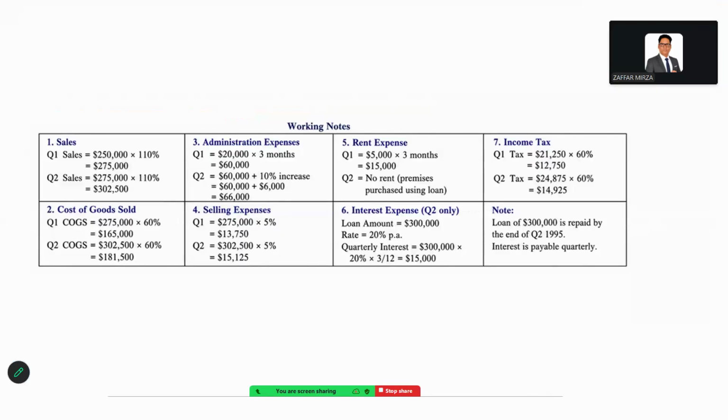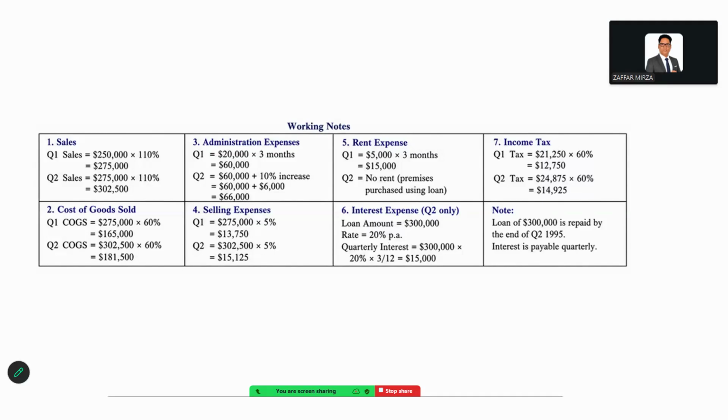Administrative expenses. Quarter number one, 20,000 into 3 months. Quarter number two, 60,000 plus 10% increase, 66,000. Rent expenses, 5,000 into 3 months. Quarter two, no rent, as premises are purchased using the loan. So interest expenses only in quarter two. Loan is 300,000. Rate is 20% per annum.